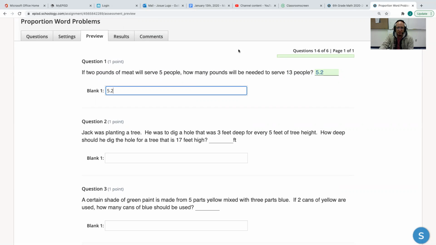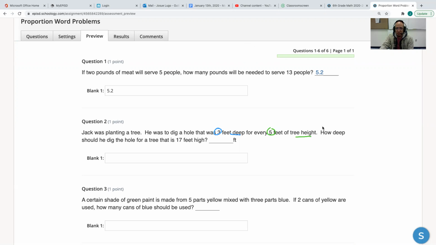All right, so important information here, ladies and gentlemen. He's planting a tree where the hole is going to be 3 feet deep for 5 feet high.